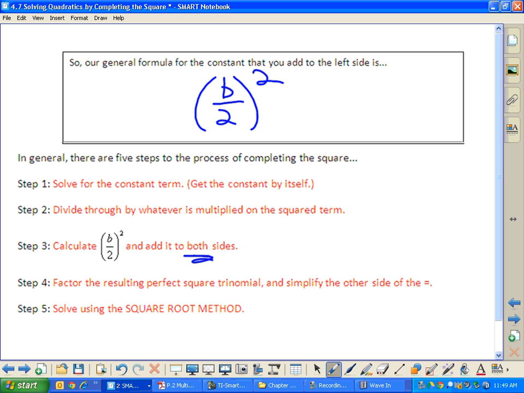Factor the resulting perfect square trinomial and simplify the other side of the equal sign. Step 5, we solve using the square root method, the method we did yesterday. Some of you affectionately call this piece SADMAP. We solve by undoing.